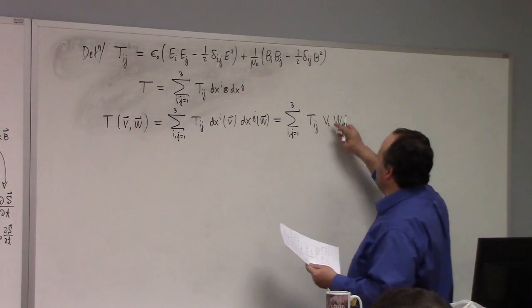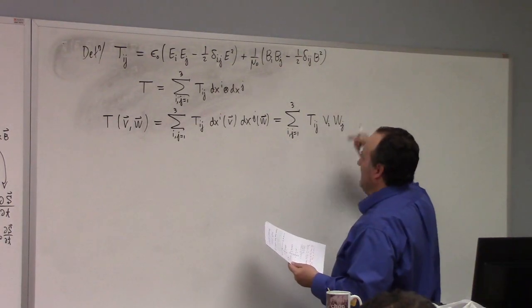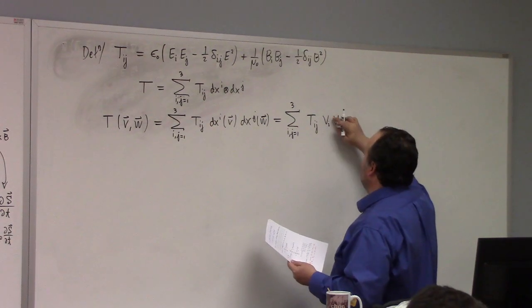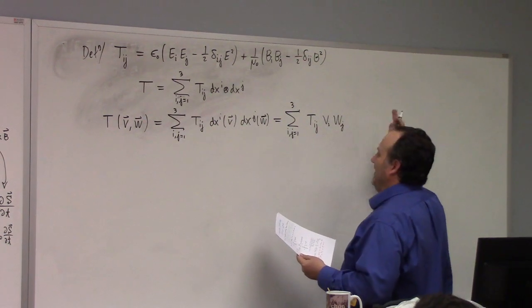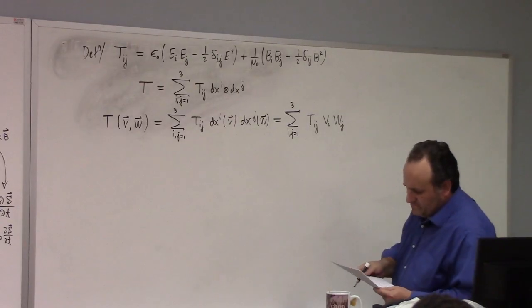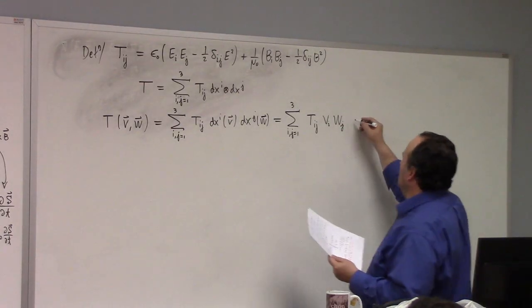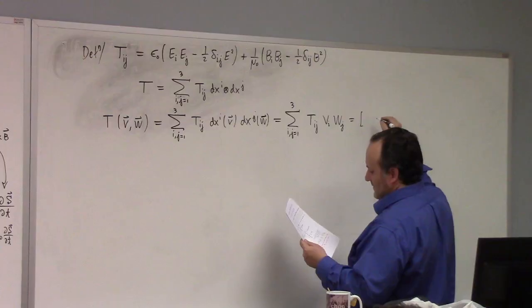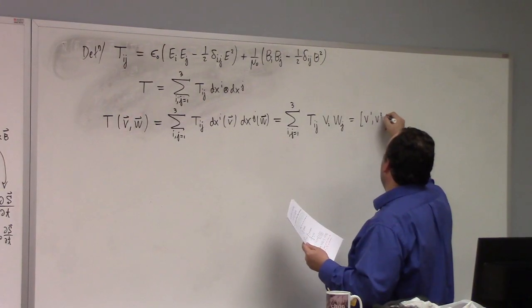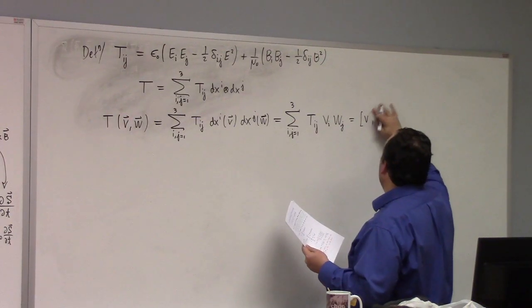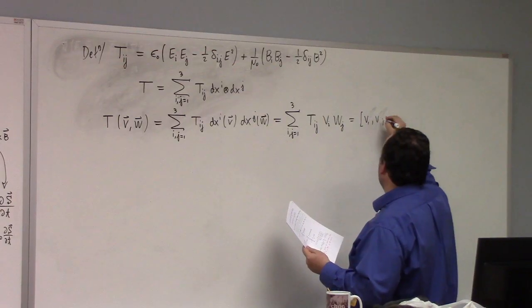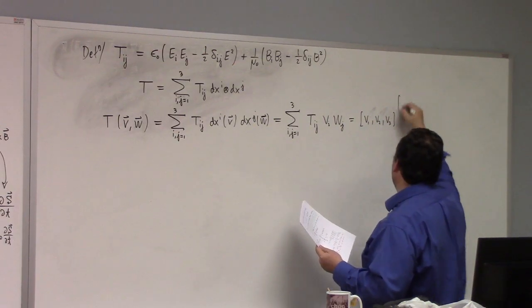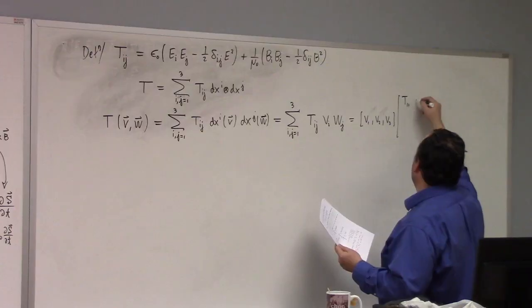I don't know, have we put indices up on vectors in here? I guess we haven't. Anyway, the point is, in terms of a formula, you could write it this way. It's v1, v2, v3, and there's a matrix.